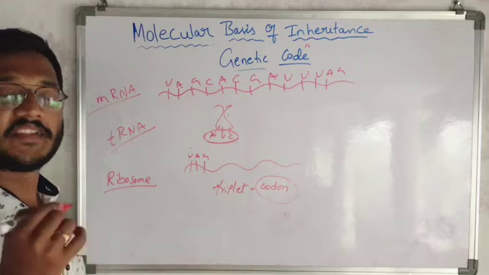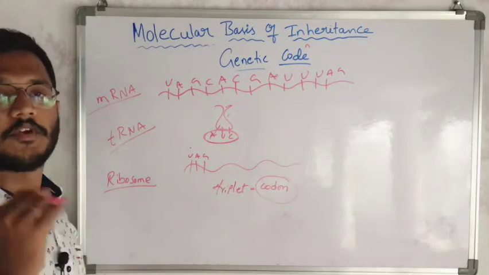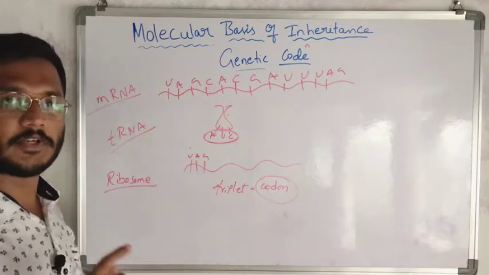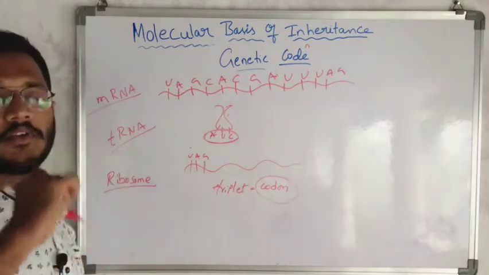One codon is responsible for the formation of one amino acid. Understand? One codon is responsible for one amino acid.